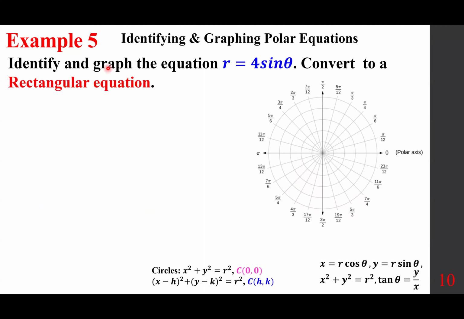What about this one? Identify and graph the equation r equals 4 sine theta, converted to rectangular equation. And to do so, I hope you remember the trick that was discussed last time. Multiply both sides by r.